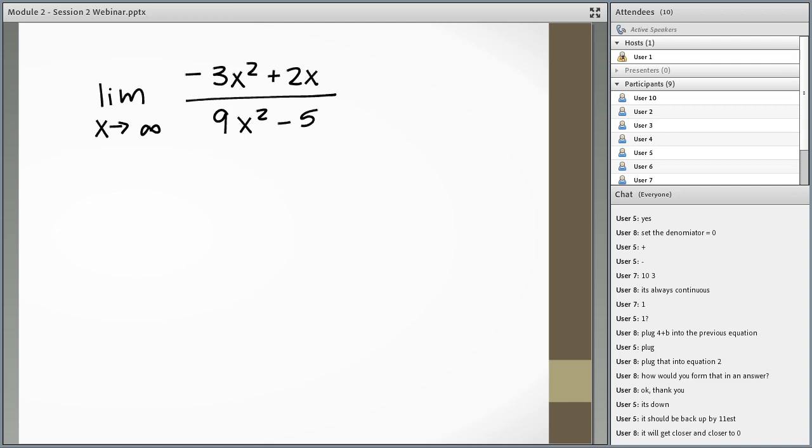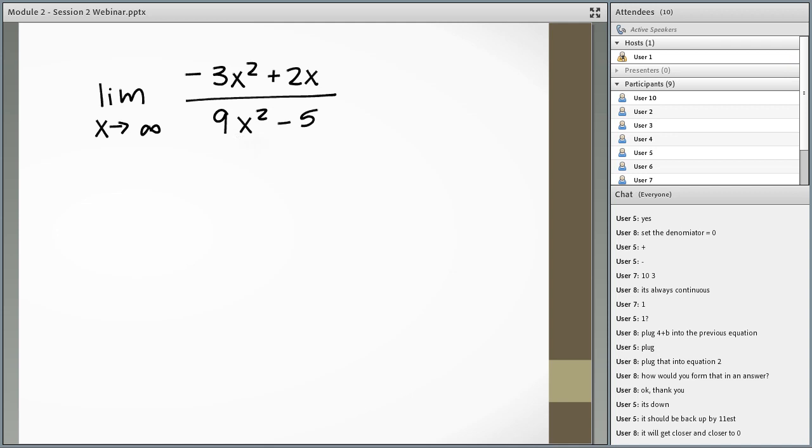So what I'm going to do is divide each term by the largest term in the denominator. And I'll always choose the denominator, because I don't want to end up with 0 in the denominator. By dividing each term by the largest, in this case x squared, because that's the largest x term in the denominator, I'm going to ensure that I end up with a 1, and you'll see in just a minute what I mean.